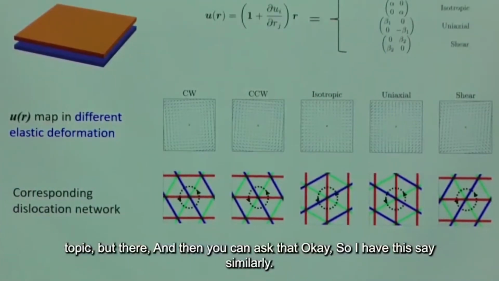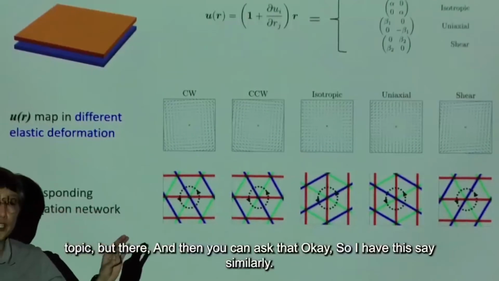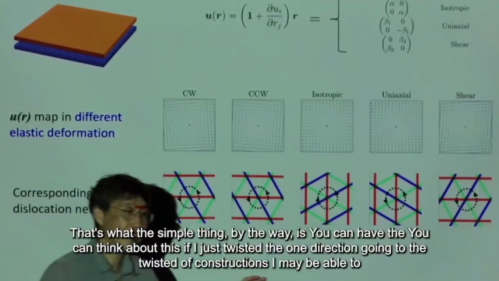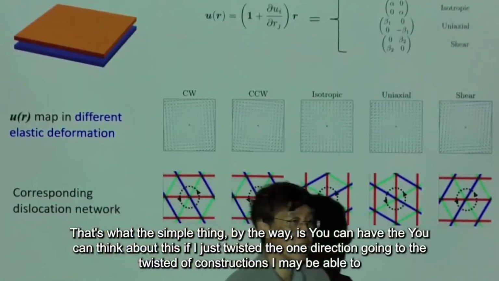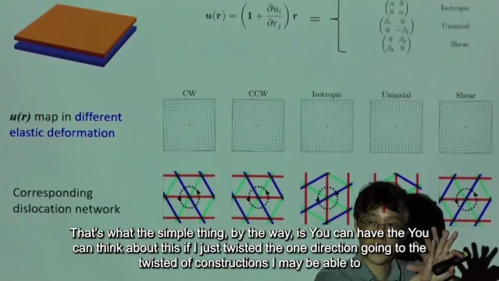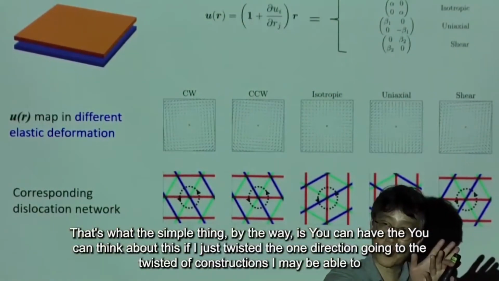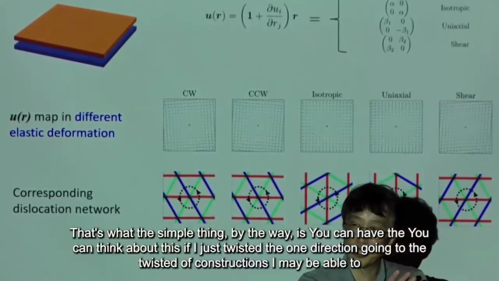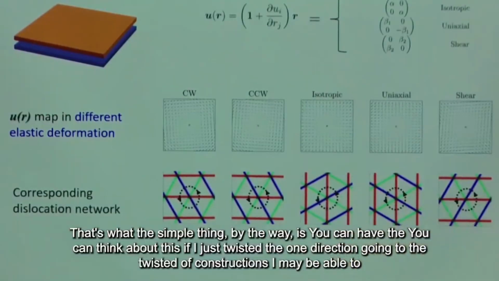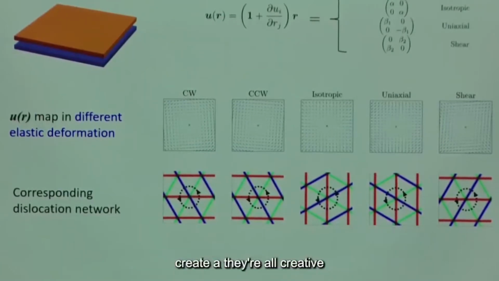A simple thing, by the way, is that if you have non-abelian vortices, you can have anti-vortices somewhere. One way you can think about it is that if I twist in one direction and then in the opposite direction, I may be able to create anti-vortices. Turns out that's not the case. They all create vortices, including the isotropic expansions. Non-abelian vortex arrays only appear when you go to the uniaxial or shear lines.